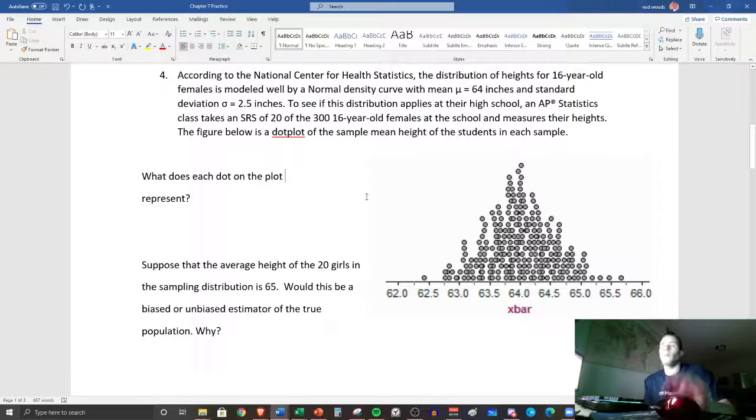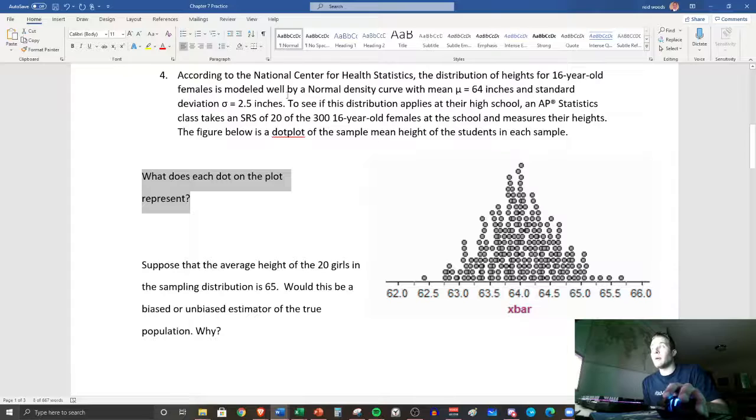So you need to understand why is this a sampling distribution? Well, for a sampling distribution, we take a sample, calculate a statistic about that sample, and then put it on a graph like this. And we do that many, many times. And this question right here is extremely important. I'm going to go ahead and tell you that you're going to have a question on the test that's going to ask what does each dot represent in here?